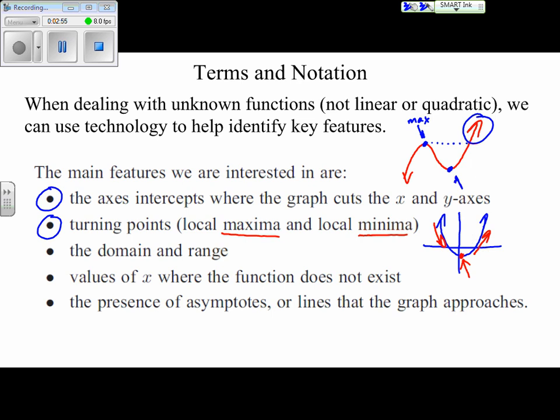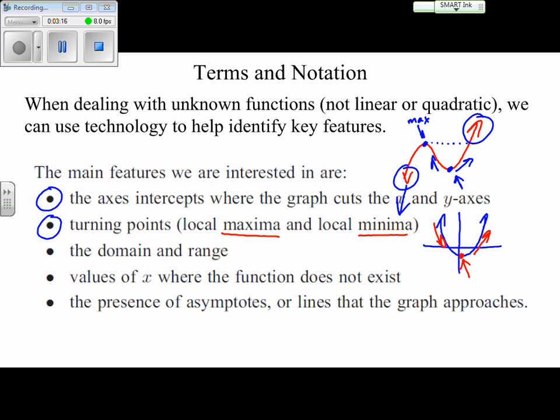It's a minimum compared to anything immediately to the right where it's going up, or anything to the left where it's also going up. But at that point, it's the lowest. However, later on, like in this region, as this graph continues downward, we will certainly not be the lowest overall point. So we call those local or relative maxima, which is just a plural for maximum.